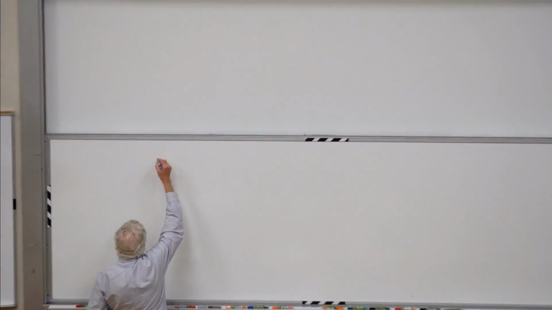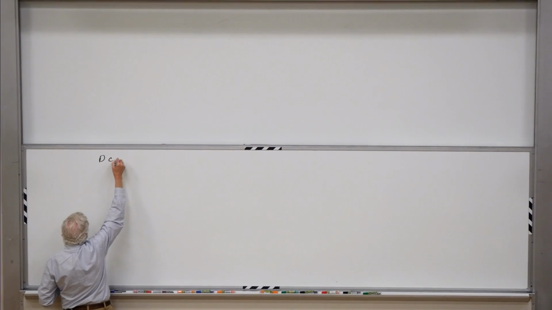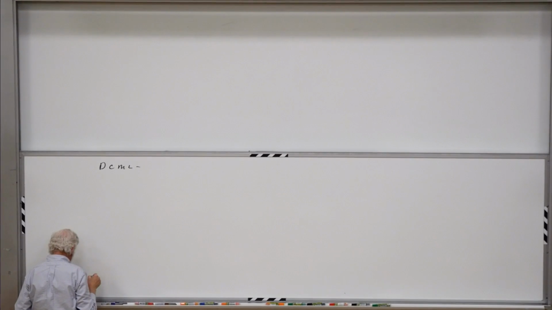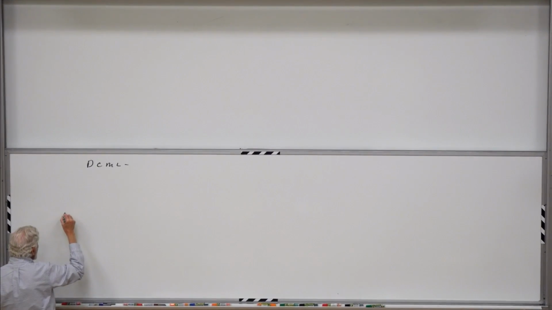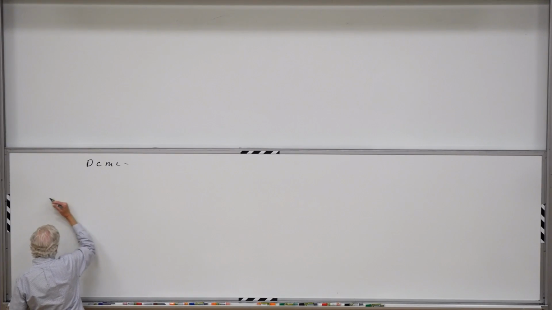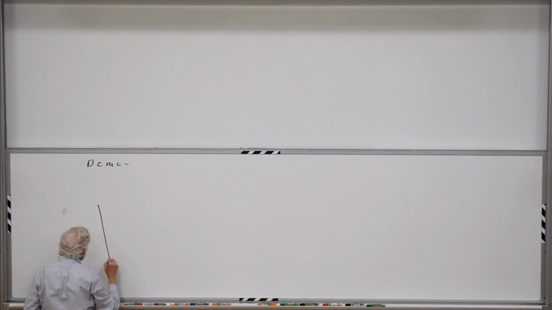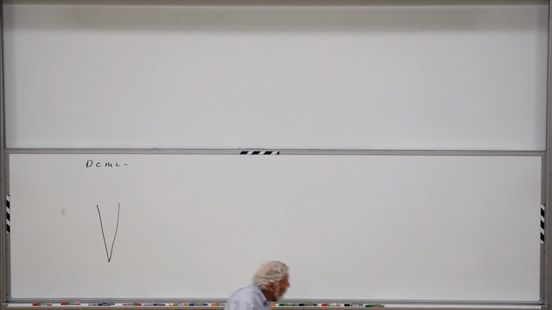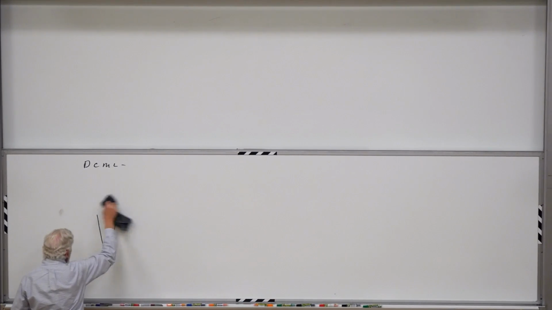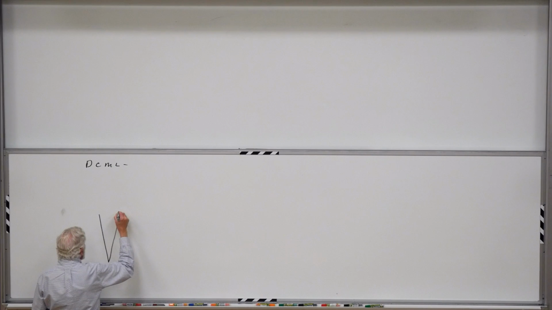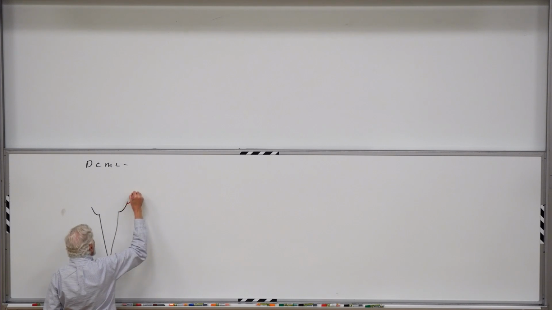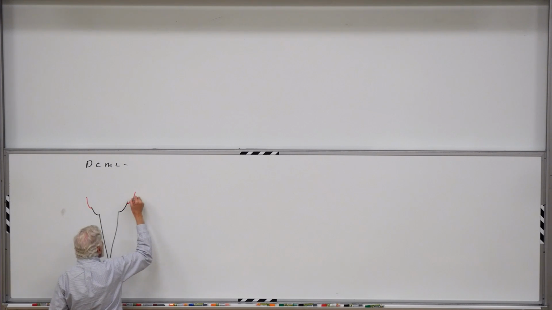But let's begin here with first the DCML that we had last time, also known as the posterior column medial lemniscus. And let's start here, give myself a little more room, with the spinal cord. Then the brainstem. And then a region of the diencephalon known as the thalamus.